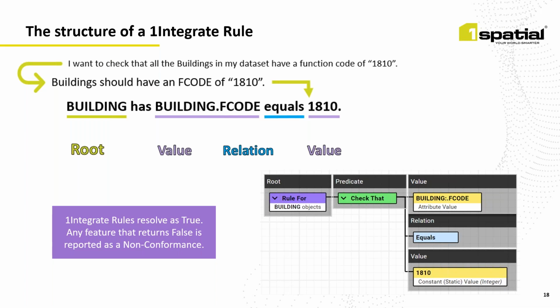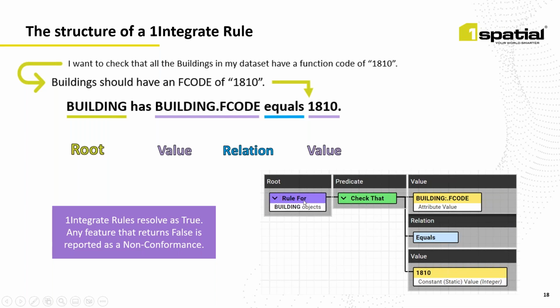So we convert that into the logic that we need to put within the 1Integrate rule. Buildings should have an F code, and that's the attribute that's stored on the data set, of 1810. And then we write that logic out, and in the bottom right hand side here, this is what that looks like within the 1Integrate interface.